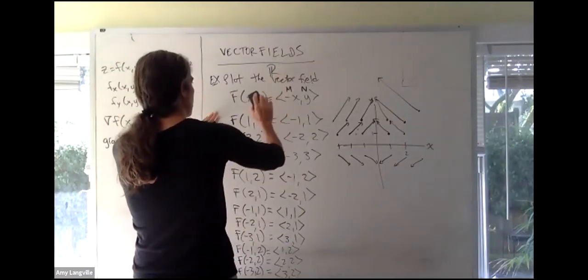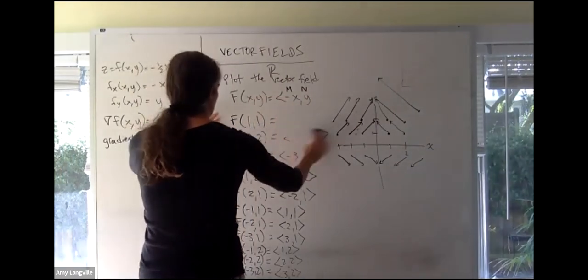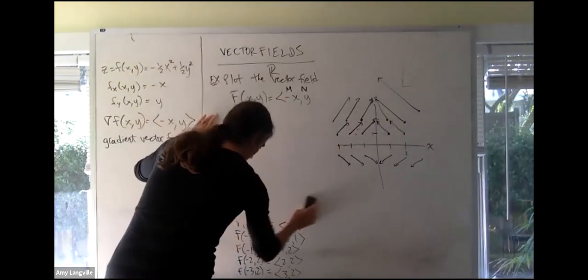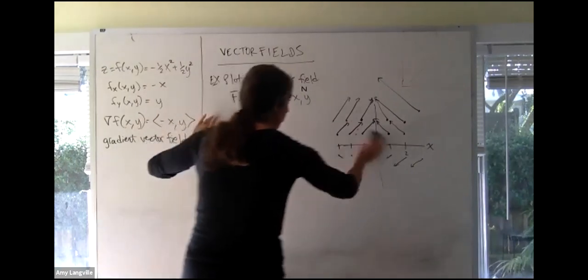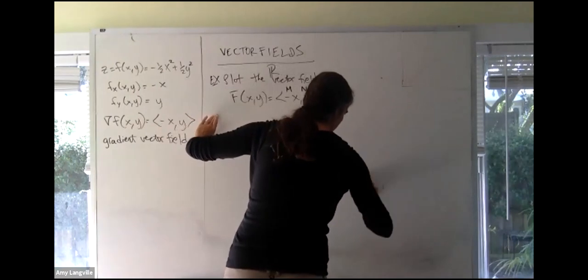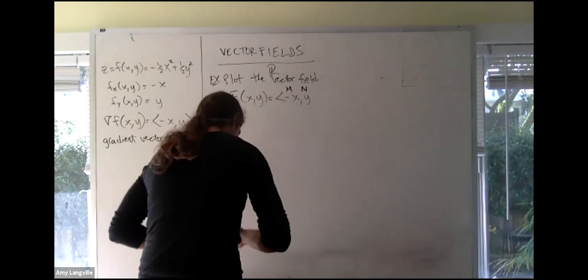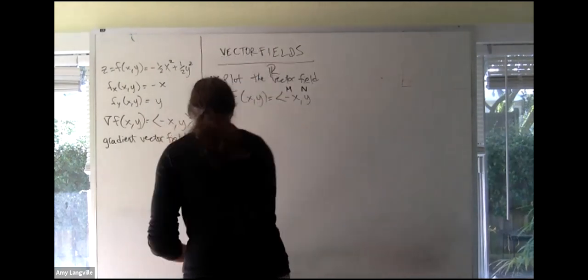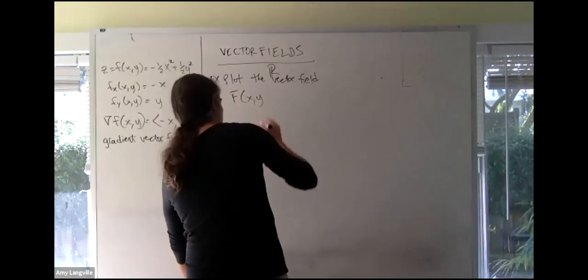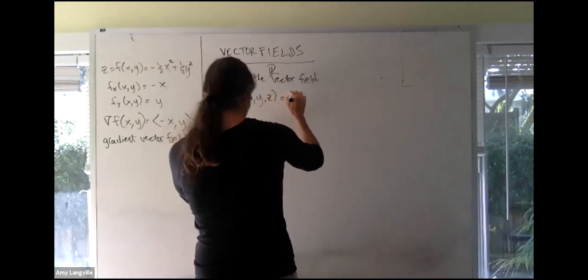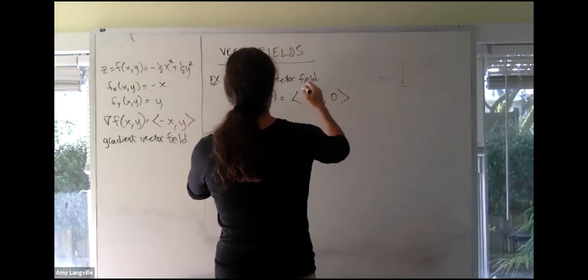Again, we don't usually do these by hand when they get to be R3, but there are some basic ones that we can do. So let's look at a simple one that we can actually plot by hand. In this case, we're going to have 3 inputs, X, Y, and Z. Now let's say we just have this 1, 3, 0.